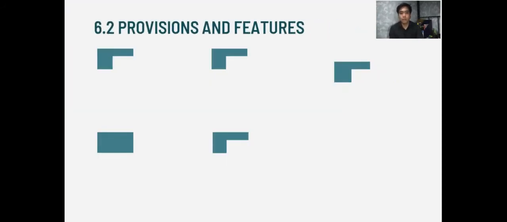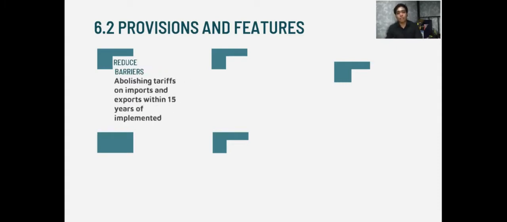Okay, now we move on to the next subtopic, which is provisions and features. The first provision and feature of NAFTA is to reduce barriers by abolishing tariffs on imports and exports within 15 years of implementation. Before NAFTA, customs duties of 30% or more on goods exported to Mexico were common.